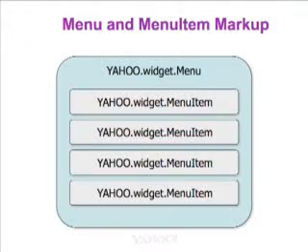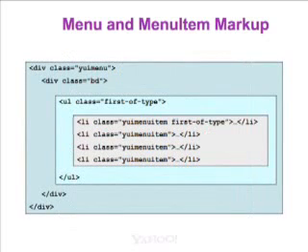And just to give you some insight into how this object model translates back into markup, this transition demonstrates that. At its core, menu is a container which is represented with these two divs wrapping an unordered list.